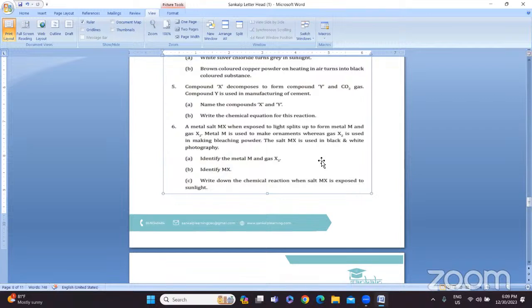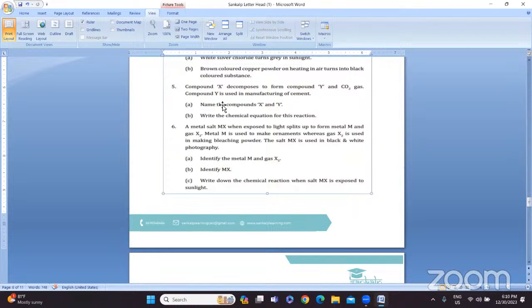This metal M is used to make ornaments, meaning jewelry, whereas the gas X2 is used in making bleaching powder. The salt MX is used in black and white photography.